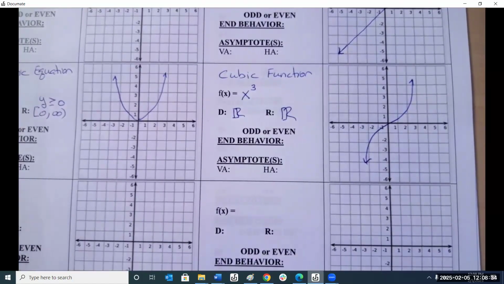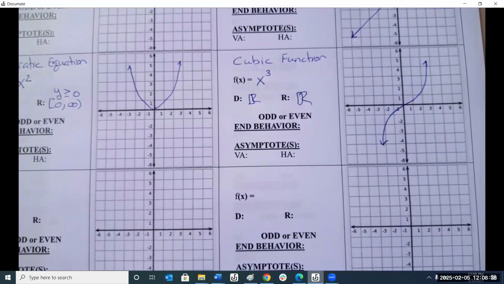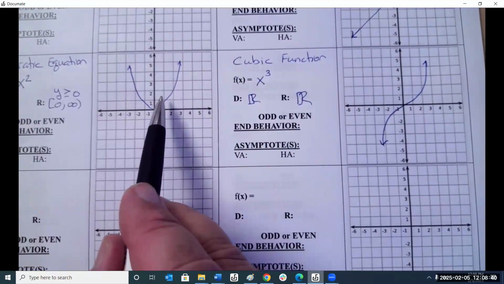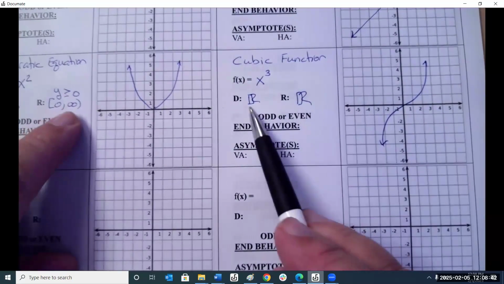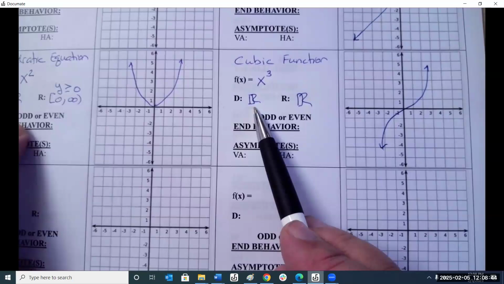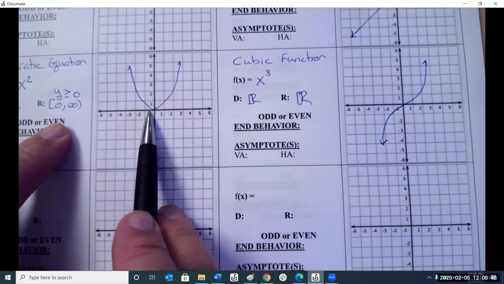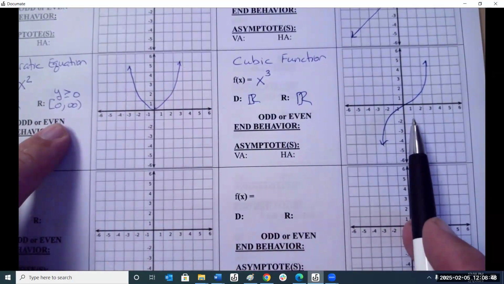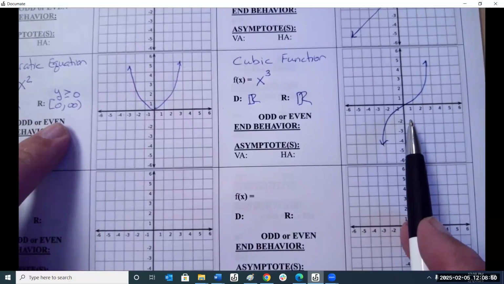Notice the difference in these two. They both have all real numbers for my input. Why is this one limited in the output and this one could be anything? The quadratic equation goes to positive y. And why is that?